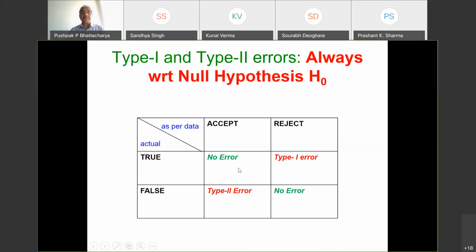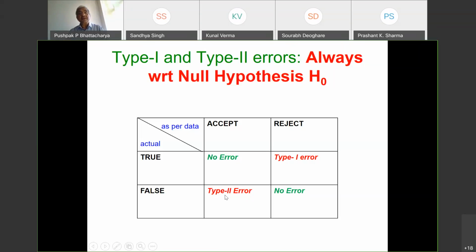Both these are favorable situations. Now, if the hypothesis is true and we reject it, then we have made a mistake. The hypothesis is true and we are rejecting it, saying that this is false. Then we are making what is called the type 1 error. And the opposite case is the hypothesis is false and we have accepted it.